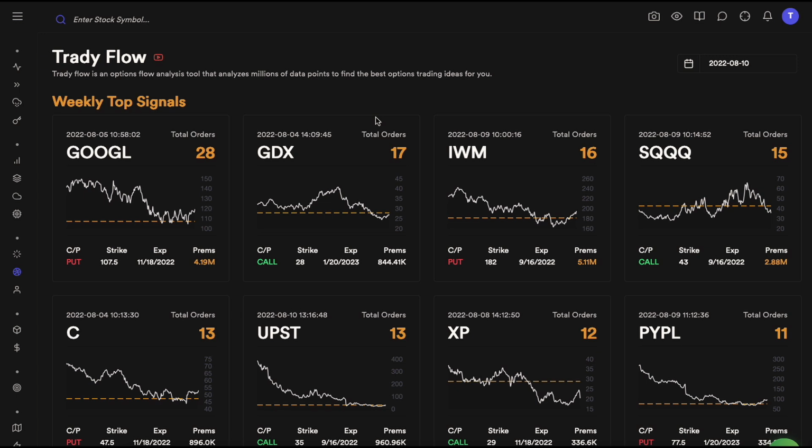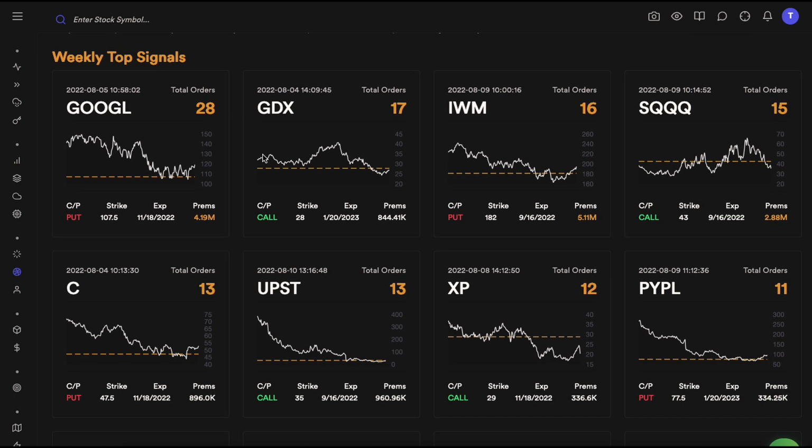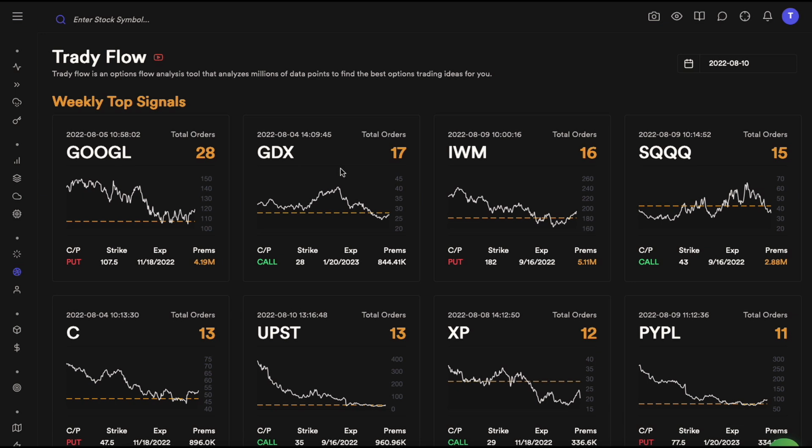We still want to see large premiums and a lot of money being put into a contract, but by multiple people, which is why we look at repeat flow. If multiple people are making the same bet, then the probability that the bet will succeed increases. That's a very basic summary of what the tool is trying to find.